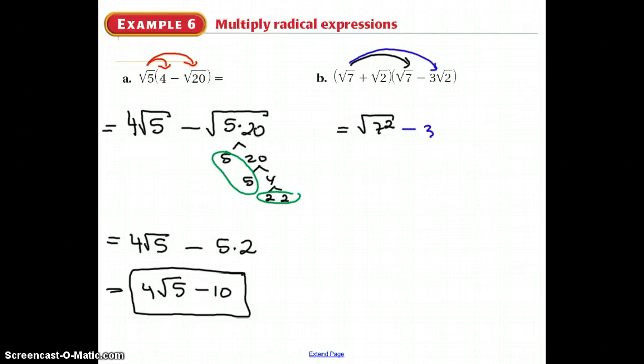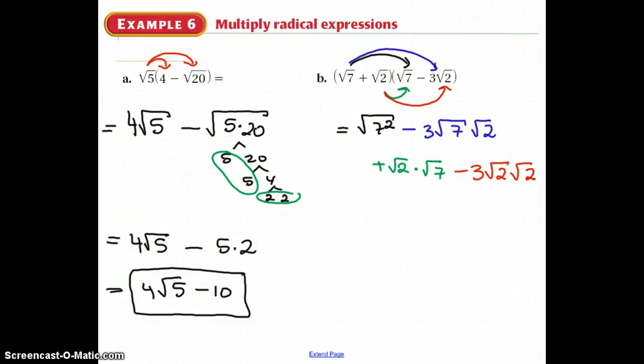So I get negative 3 square root of 7 times square root of 2. Then I have radical 2 times radical 7. And then I have minus 3 radical 2 times radical 2.